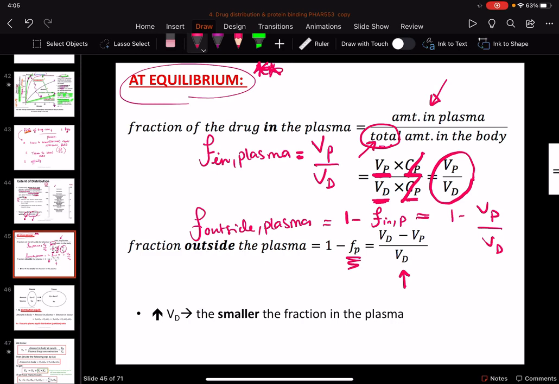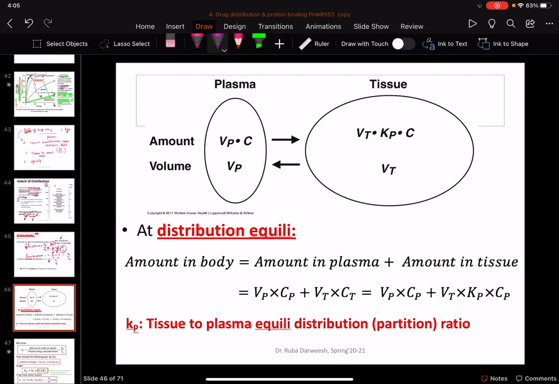Okay, and for sure, if we have more fraction of the drug in the plasma, it means that I will have more total apparent volume of distribution, and vice versa. Okay, it's just a math equation in terms of volumes to determine the fraction of the drug in the plasma and outside the plasma. Okay, this is a physiological way of thinking or talking about the volume of distribution overall.